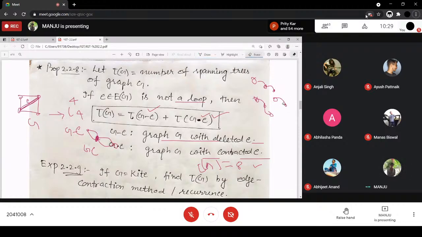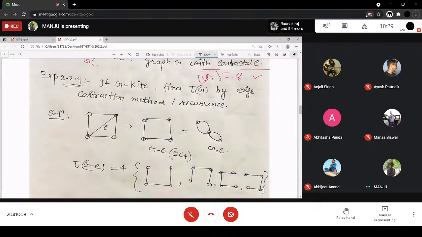This one. This edge and these two edges. Clear? 4 spanning trees exist, and 4 over here. Total number will be 8. You can see it.